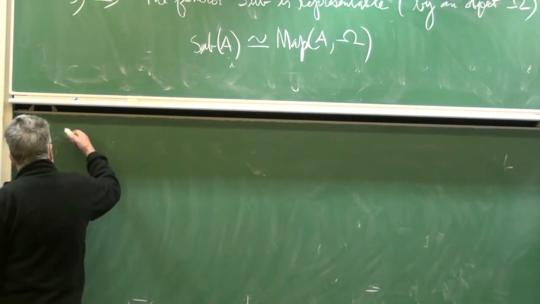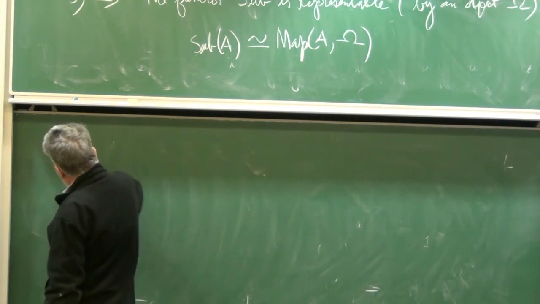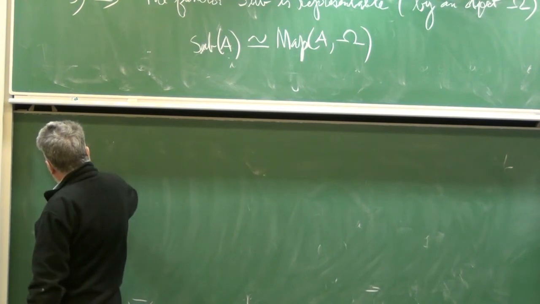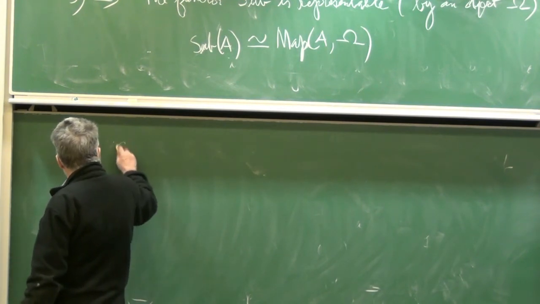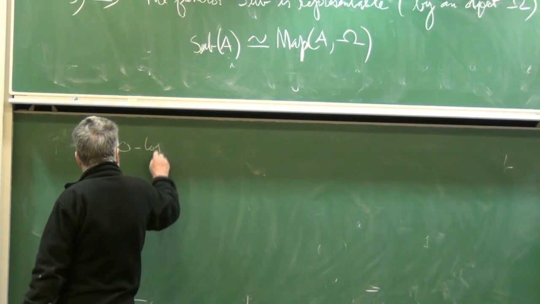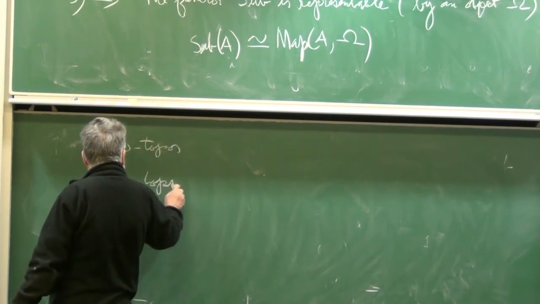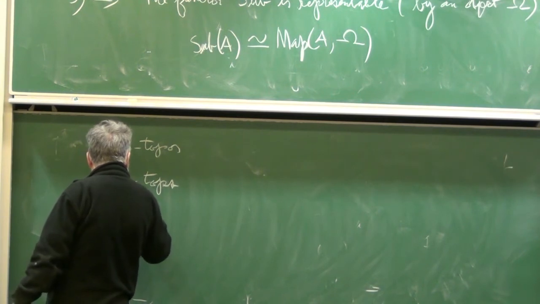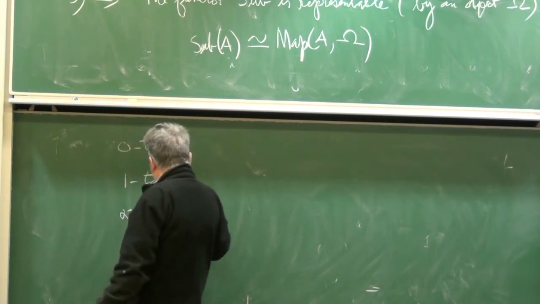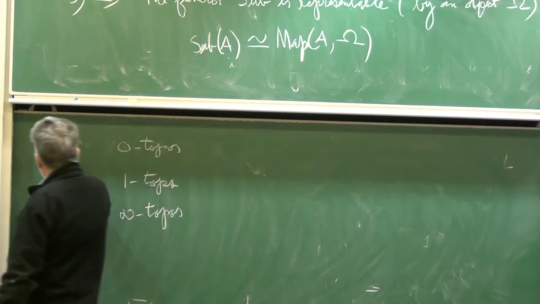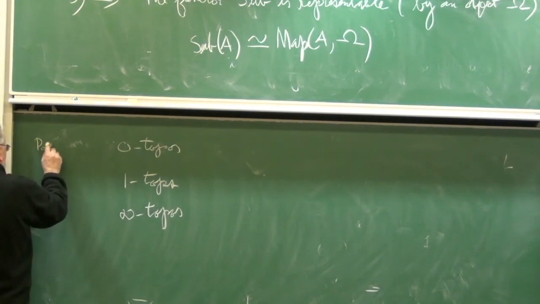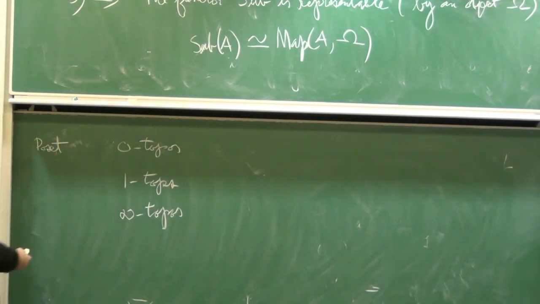Now the chain of things coming from 0-topos, 1-topos, and infinity topos comes with an underlying structure. The underlying structure of a 0-topos is a partially ordered set, so it's a poset.